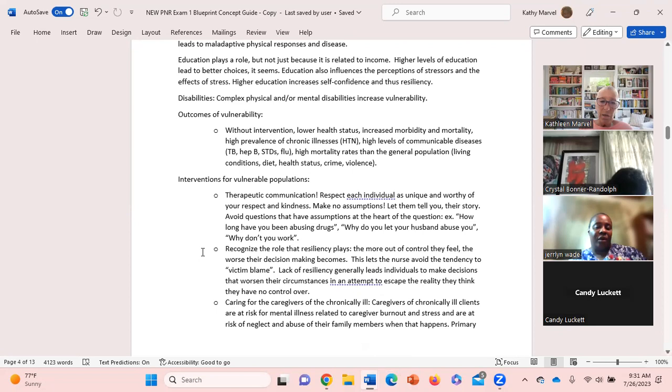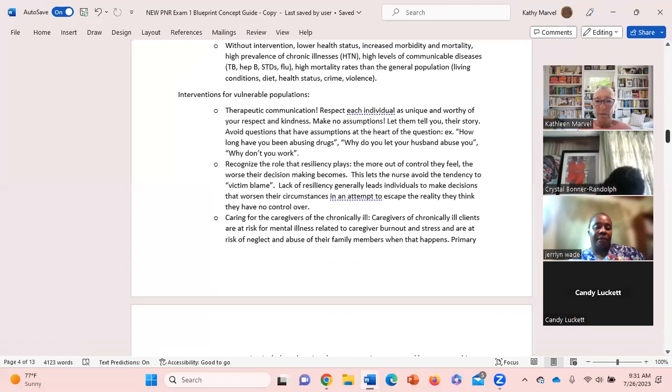Right? And then we go through a list of lots of interventions. The most important with the vulnerable population, and we reviewed this in class, is therapeutic communication. What that means is it is primary for us to develop compassionate, kind, caring trust.